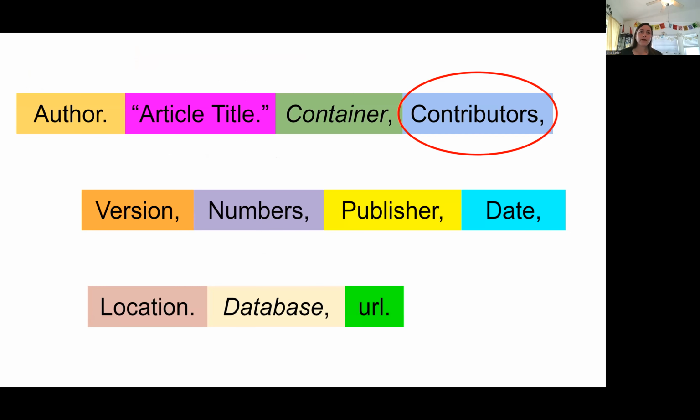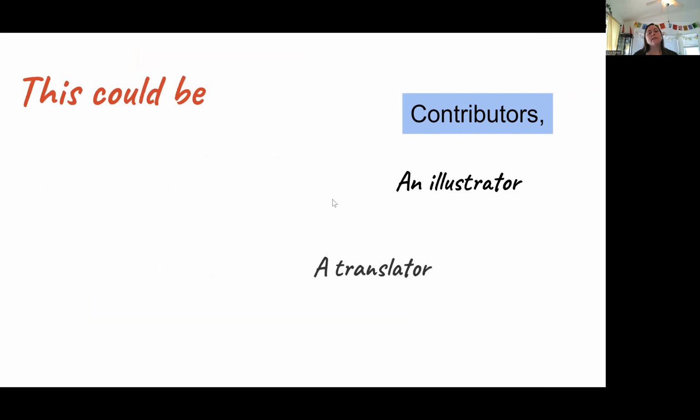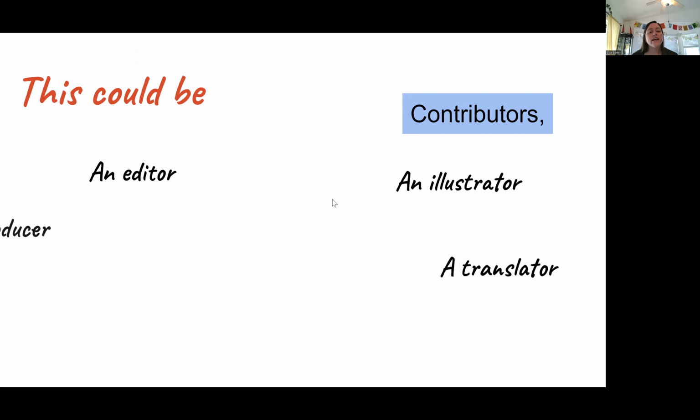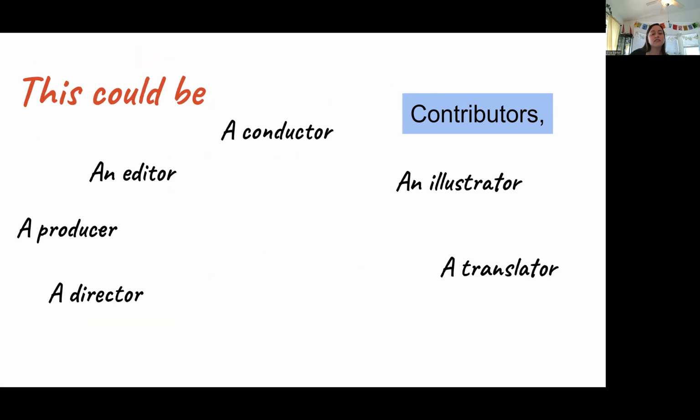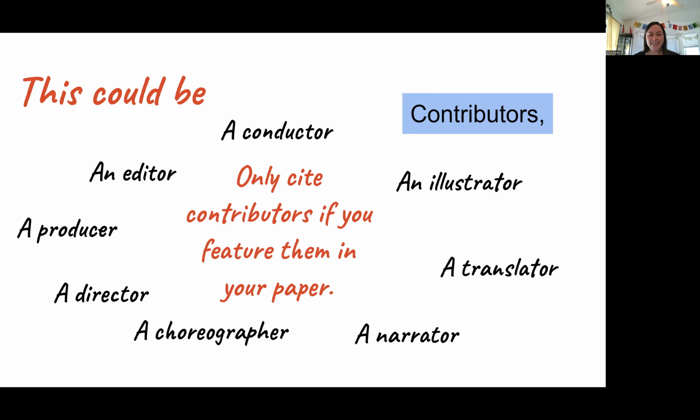The next type of element of an MLA citation is a contributor. Contributors can be illustrators, translators, editors, producers, conductors, directors, narrators, choreographers, or performers, like in an episode of a TV series.